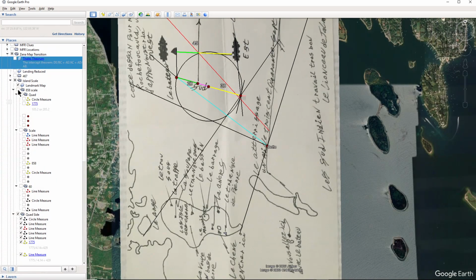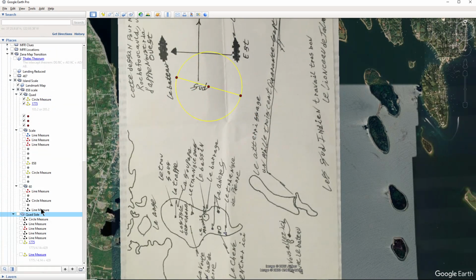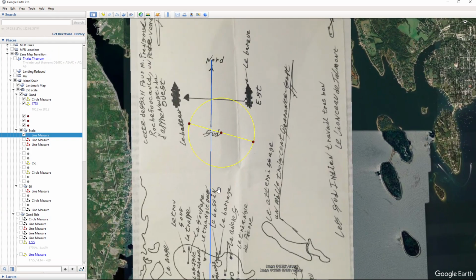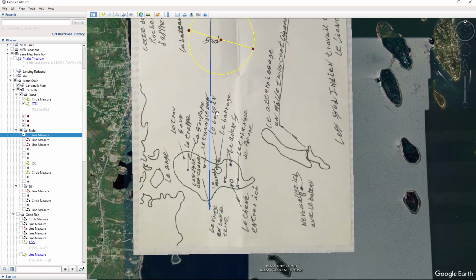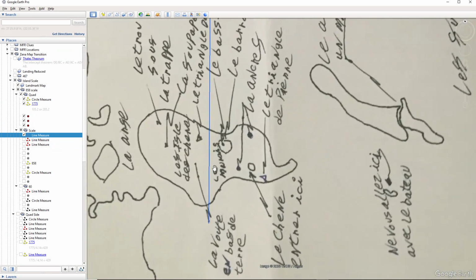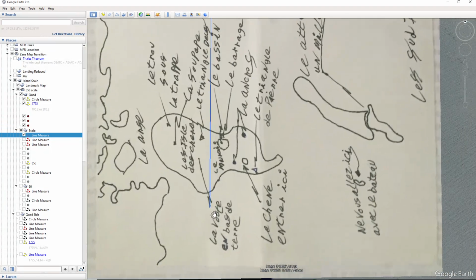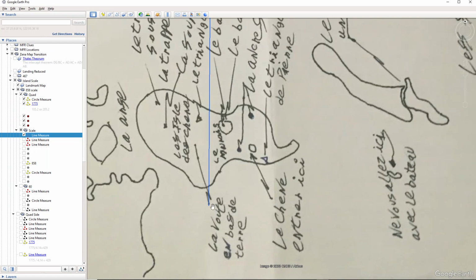So let's see. We start off by putting this right here, and this is basically what we're working with on this theorem. We're going to drop the north line down through the center, and if you notice, it really doesn't touch anything until we go past, because we're going to project onto the island.